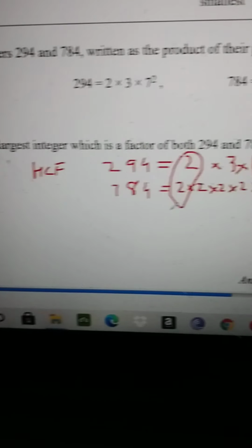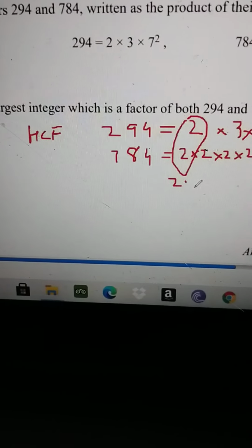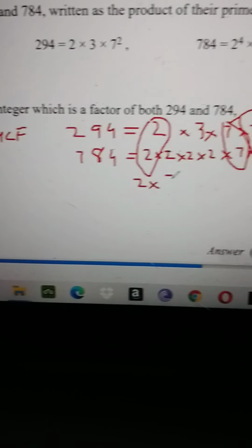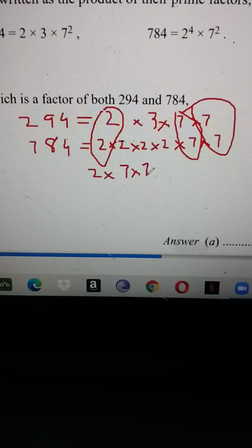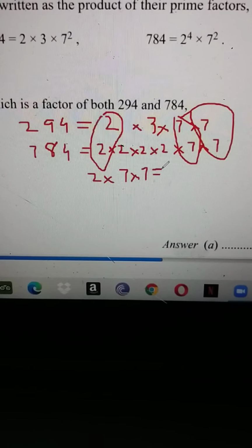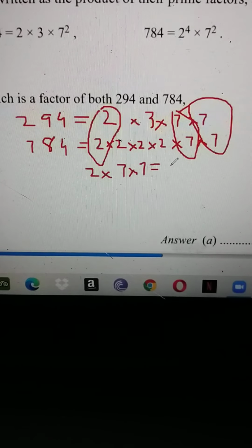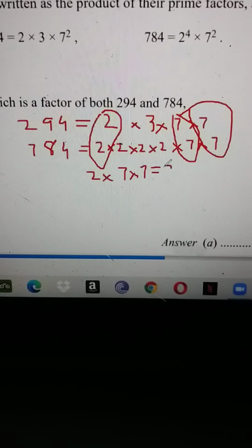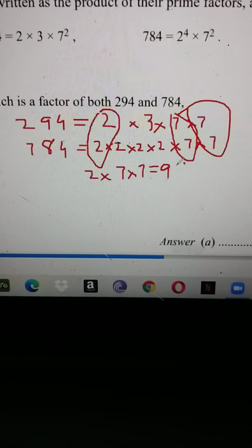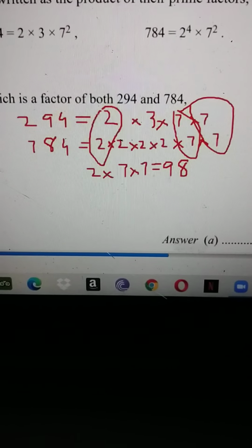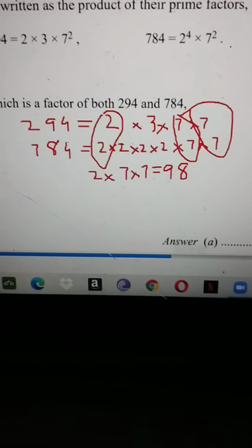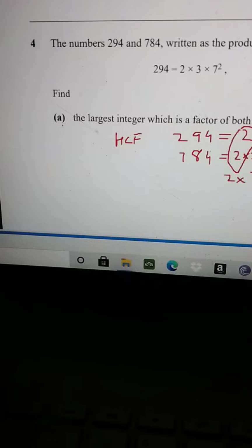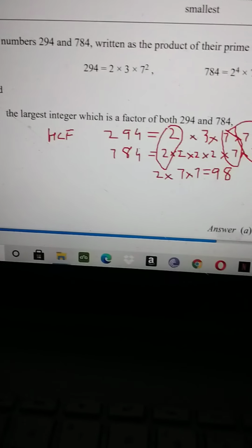And then multiply these together, the common: 2 into 7 into 7, and you get 49 into 2, which is 98 as your answer. This is the largest integer, meaning the HCF of 294 and 784.